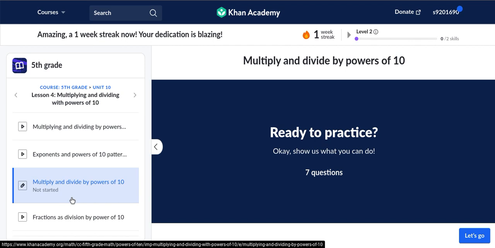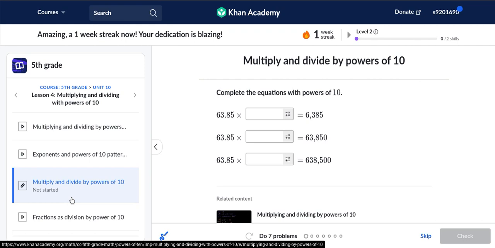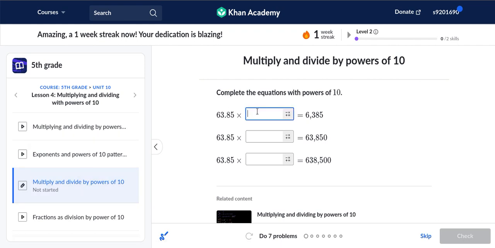So we're going to get ready to practice. This is 7 questions, easy questions. Complete the equations with the powers of 10. Now this might be tricky, but with the powers of 10, we got this.